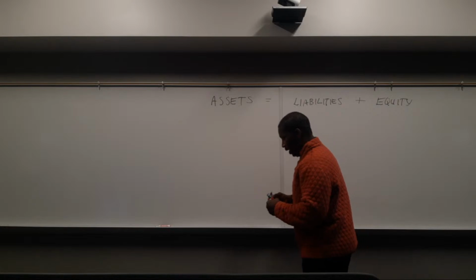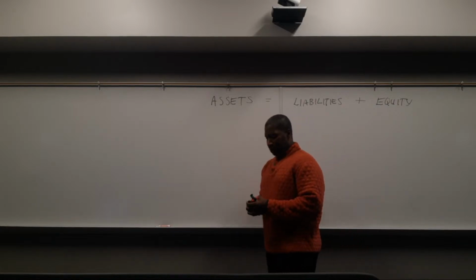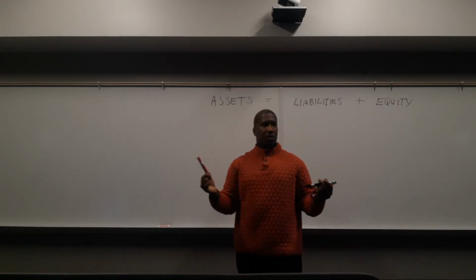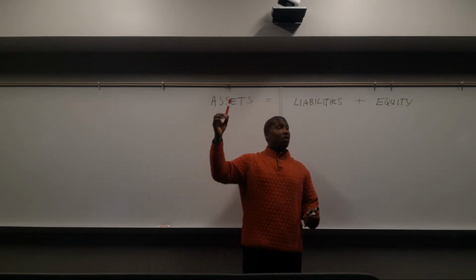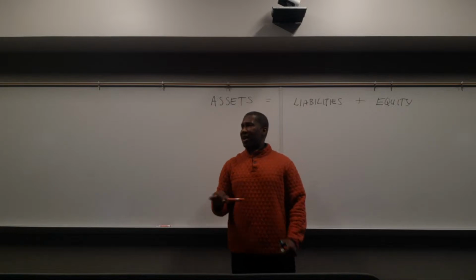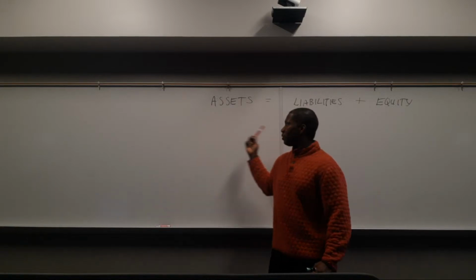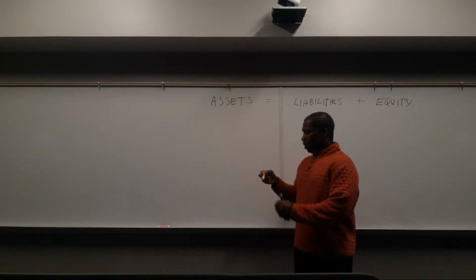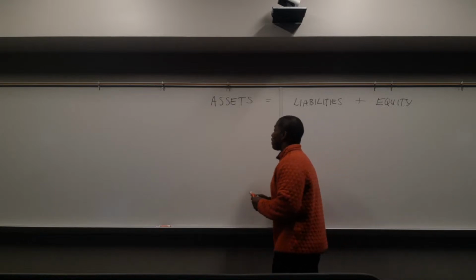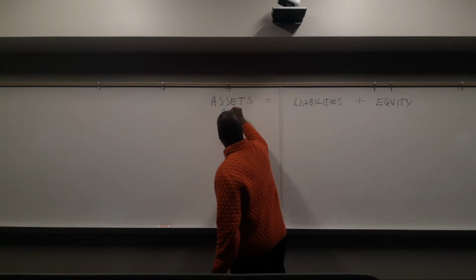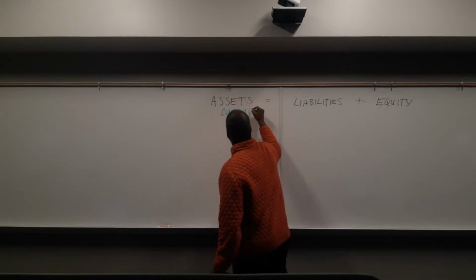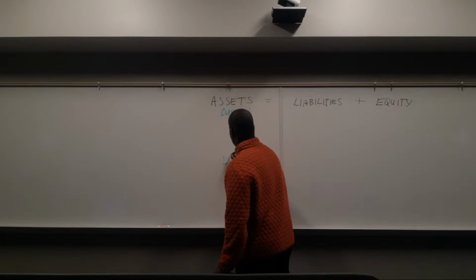That is great. Now, how many categories do we have for assets? 2. We also have 2 for equity. But remember that equity doesn't have anything really to do with the first 2 in terms of the categories. What are the 2 categories? Current and long term.